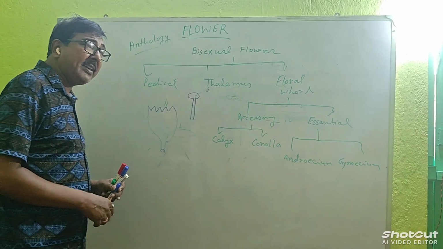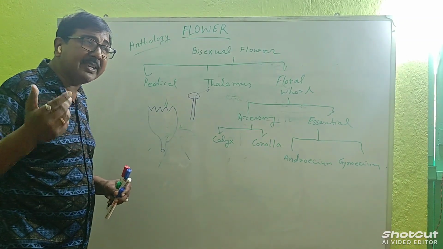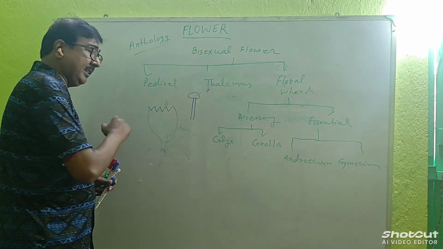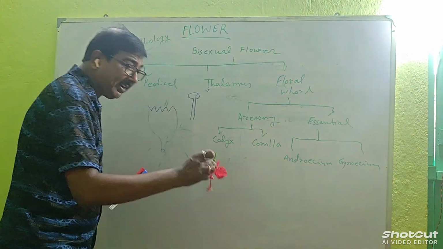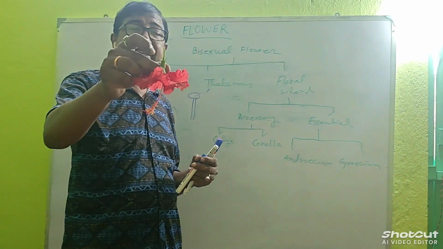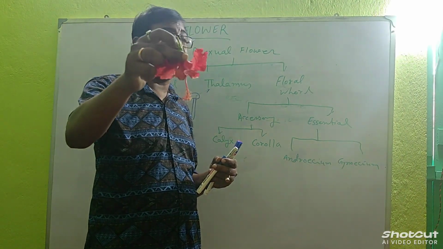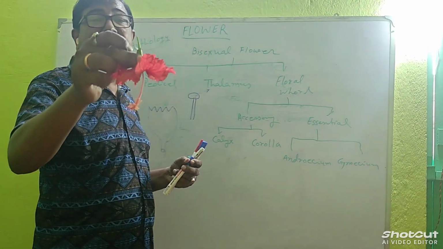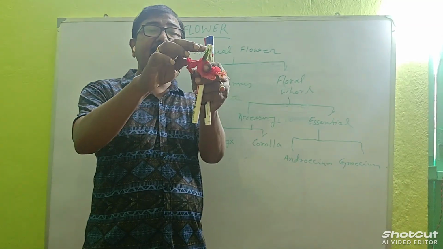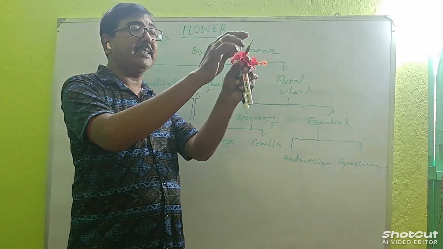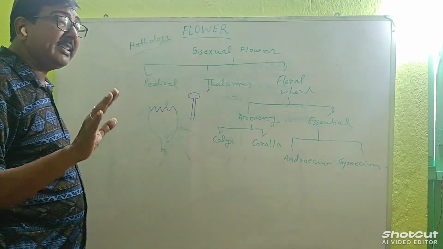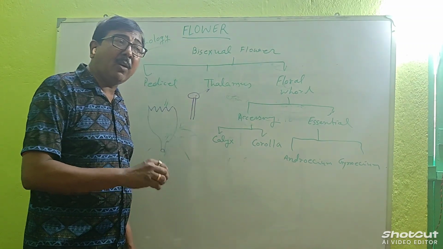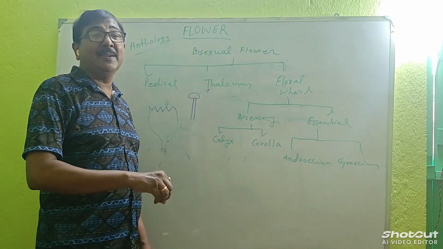Sometimes an additional whorl is present outside the sepals, called the epicalyx. See this picture: the epicalyx is present below the calyx, a leafy structure. Sometimes the calyx is also present in the fruit.